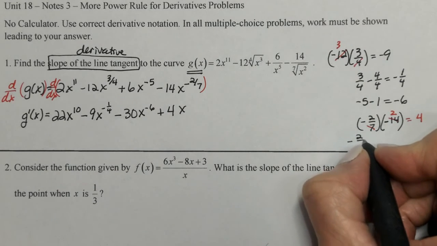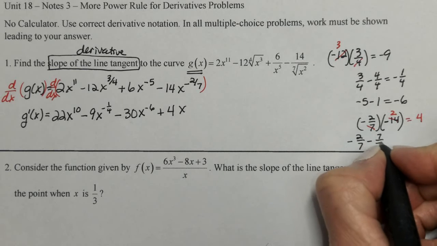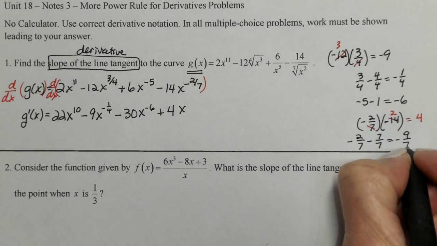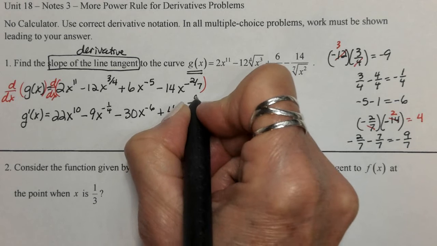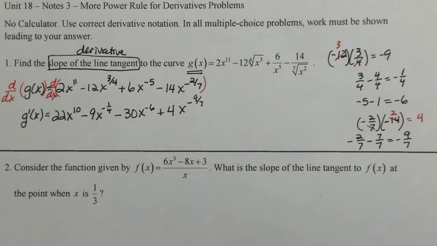So negative 2/7 minus 7/7 is negative 9/7. So don't get lazy. Go ahead and do the math. You will get very good at subtracting and adding 1 to fractions after you take calculus.